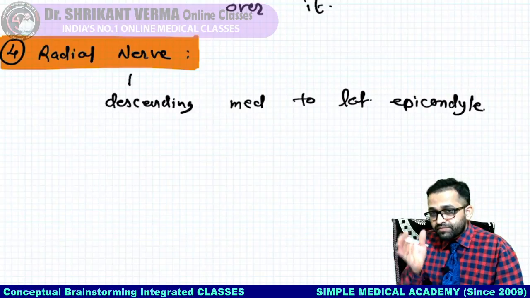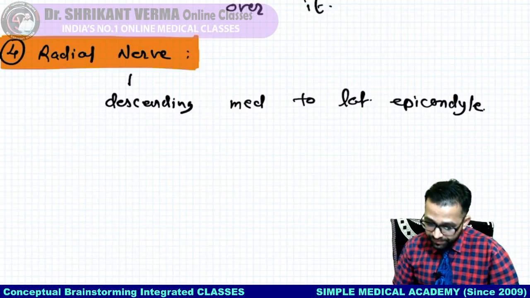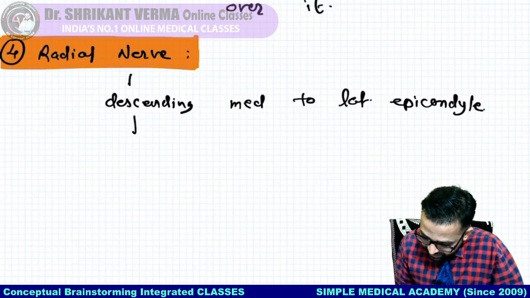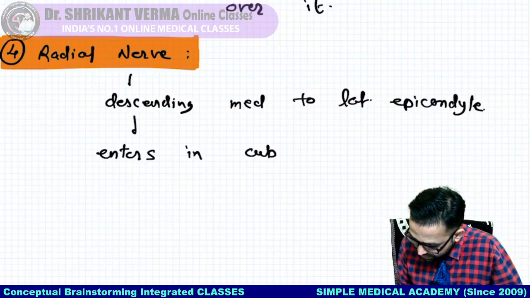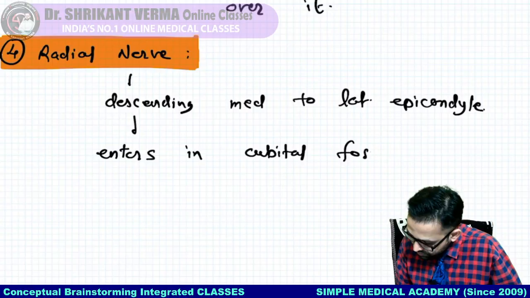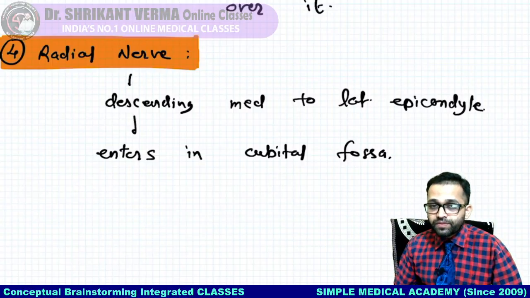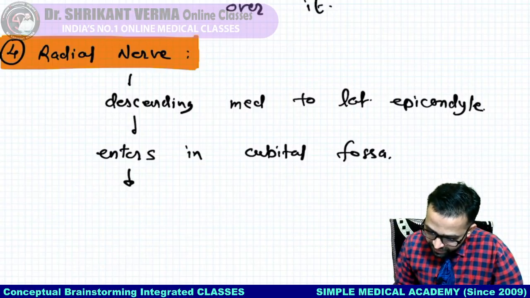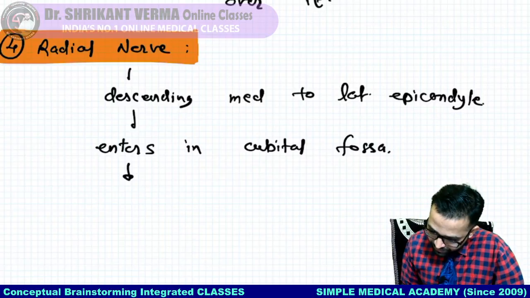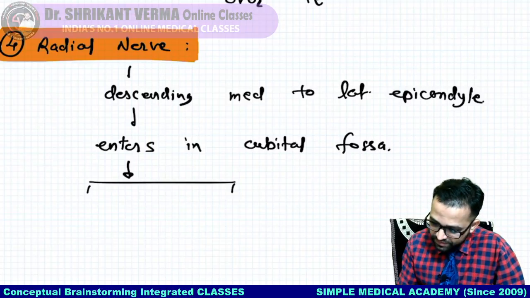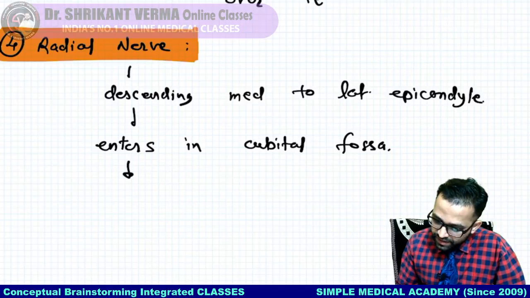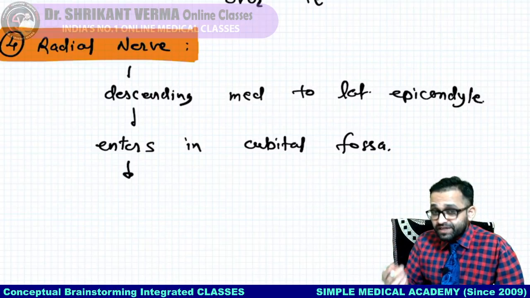It is just descending medial to the lateral epicondyle, and then enters the cubital fossa. And after entering into the cubital fossa, yes, it divides.